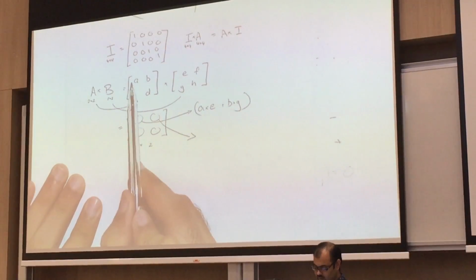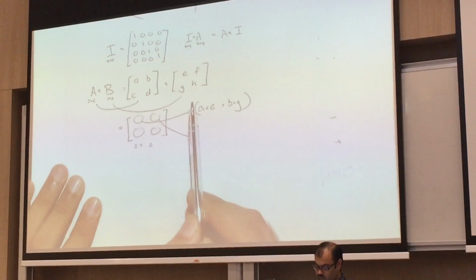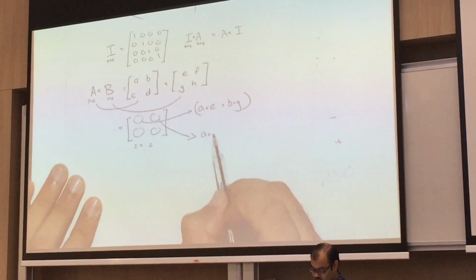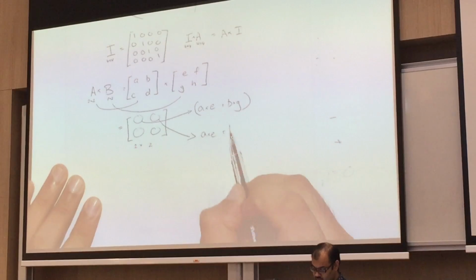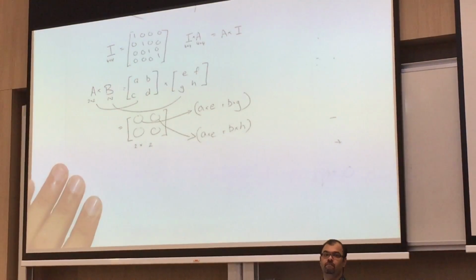A times F plus B times H, this row and this column. So it's A times F. Sorry.